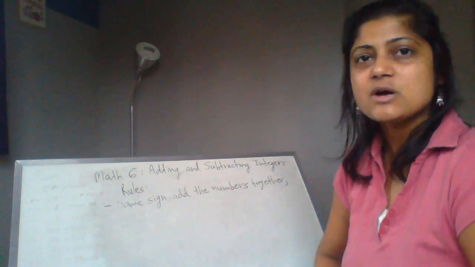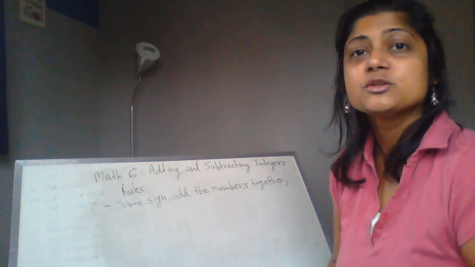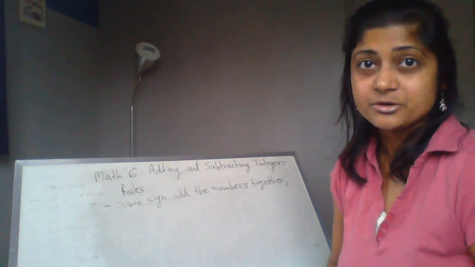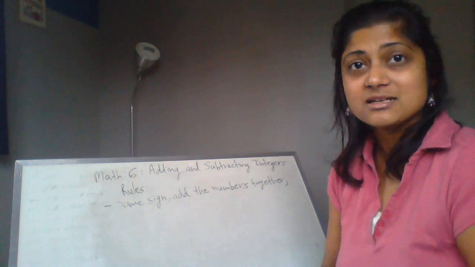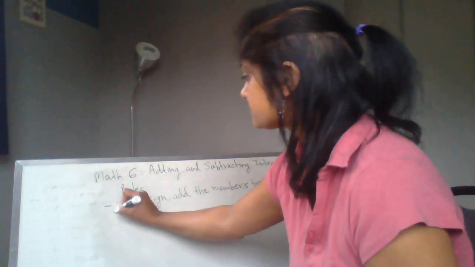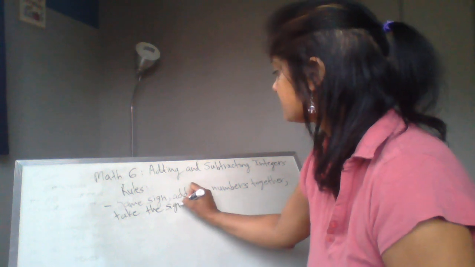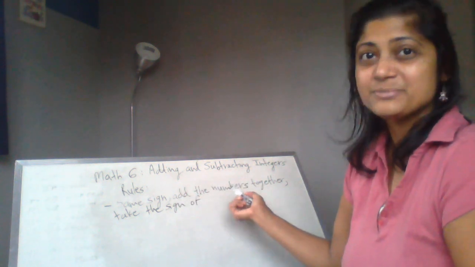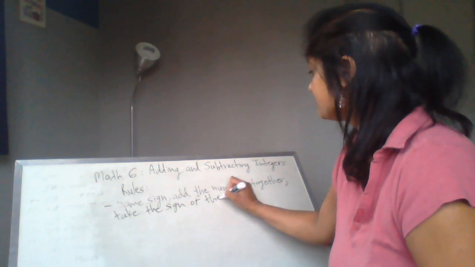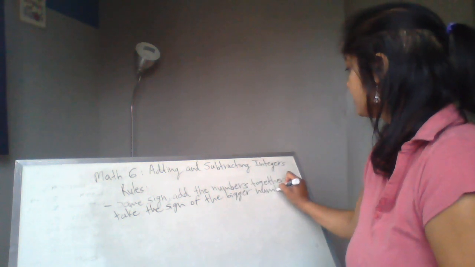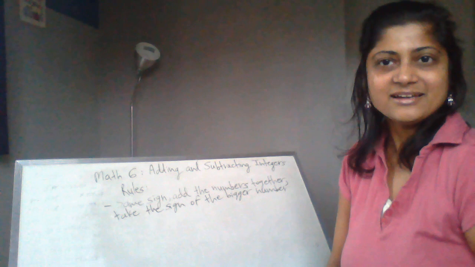After you add the numbers together, you look at the two numbers. Whichever number is bigger, I'm going to take the sign of that number. So I'm going to put here, take the sign of the bigger number. Alright, so just like that.